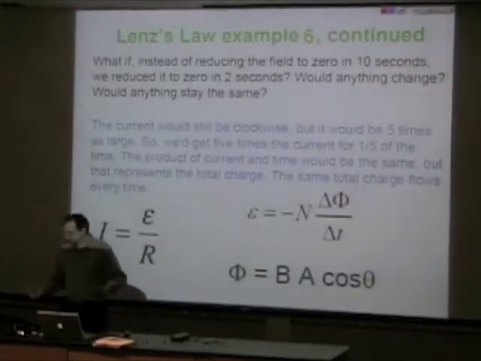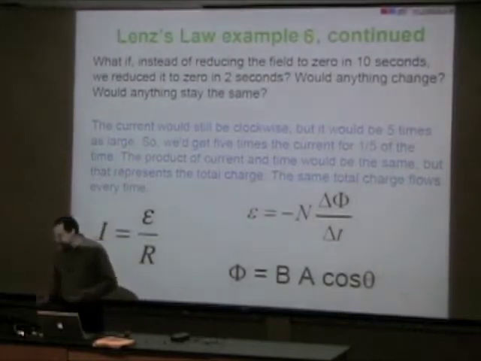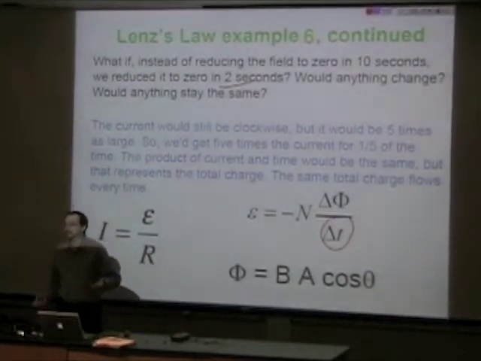And instead of a decreasing magnetic field, we can have an increasing magnetic field. It doesn't change the way we think through the problem. Or here, in this situation, we change the time. Instead of 10 seconds, it all happens in 2 seconds only. So what does it do?